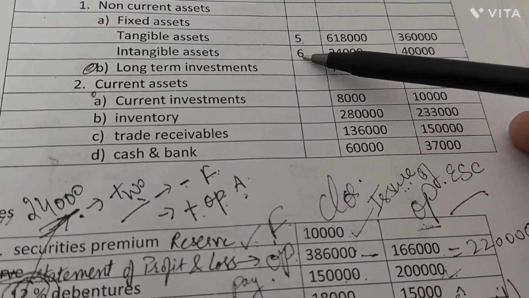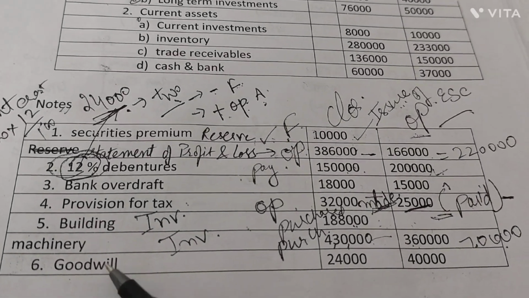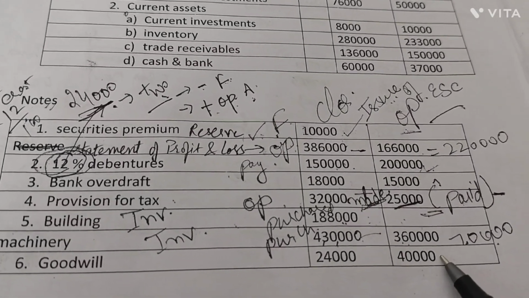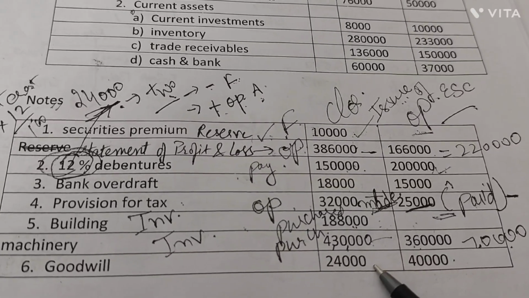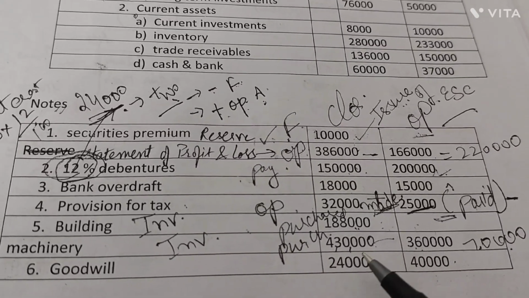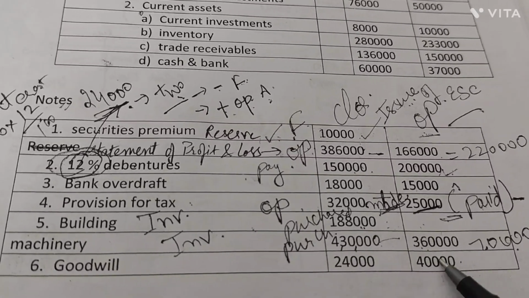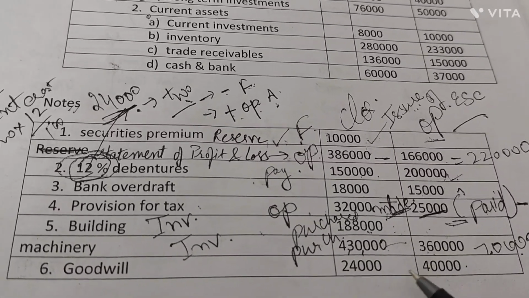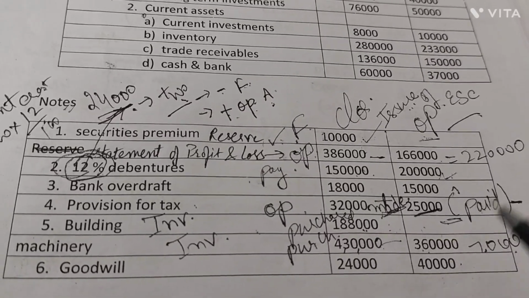After the tangible assets, he says in the balance sheet we have intangible assets that are given under note number 6. Now go to note number 6. We have note number 6 for goodwill. Goodwill in the business was 40,000 in the earlier year. Now it is 24,000. If goodwill value increases, then it is a purchase. Now if it reduces, then it is what? Goodwill written off. It is amortization.